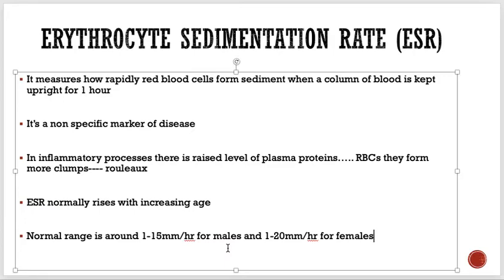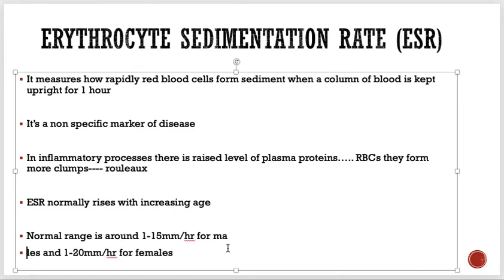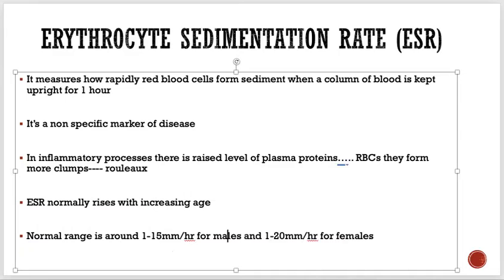Now, as we know, ESR increases with increasing age. So of course there should be some set level of ESR at which to worry. Generally speaking, it is taken as 35 millimeter per hour.